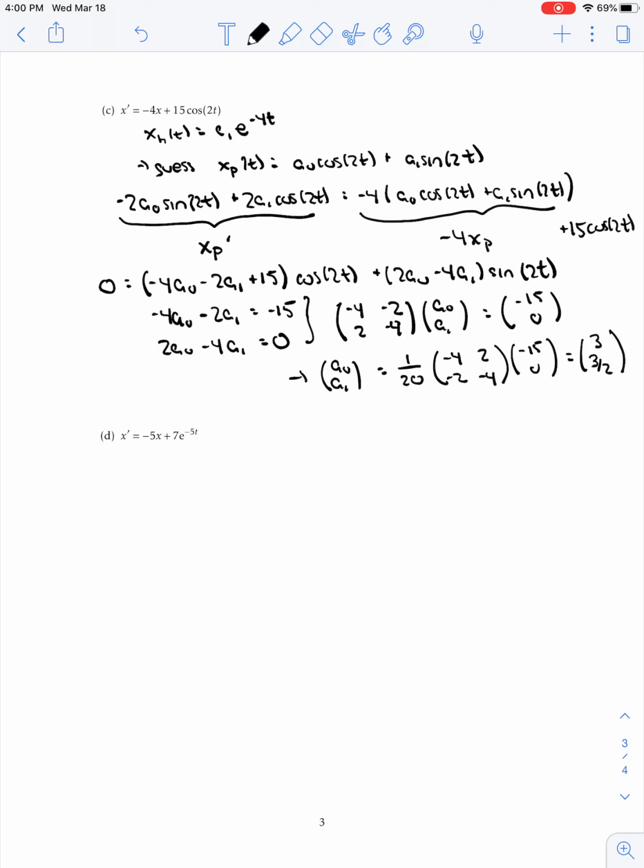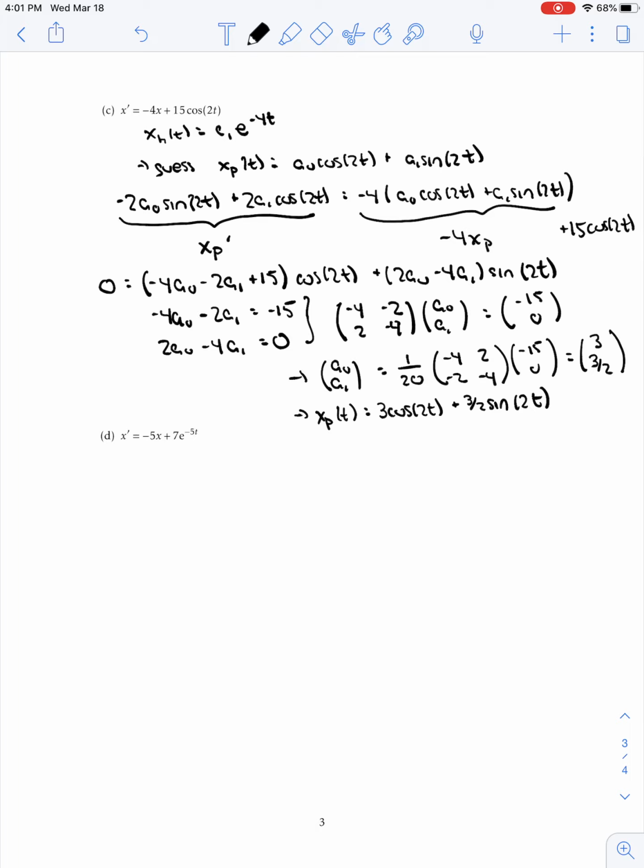Yep. Okay, and so then our particular solution is given by 3 times cosine 2t plus 3 halves sine of 2t. And the full solution is the homogeneous plus the particular again.